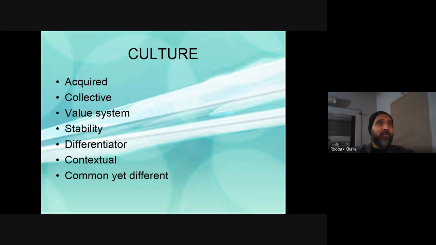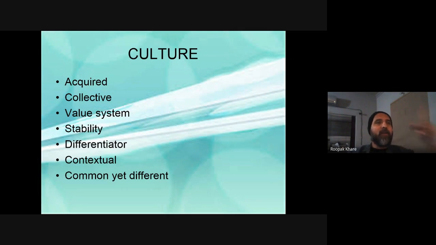Now, when there are two different cultures and people from two different cultures interact, it is called cross culture. Before we go any further, there are some characteristic features of culture. Culture is acquired. We don't create culture as an individual. I don't create culture, but I'm a part of a culture, so I acquire it from people around me, right? How you dress, how you cook, all that we acquire. It is collective. All those people in that area, in that group, collectively form a culture.